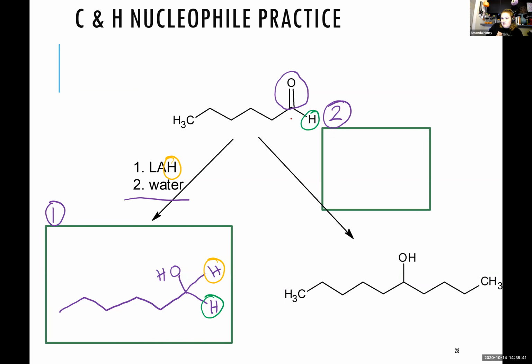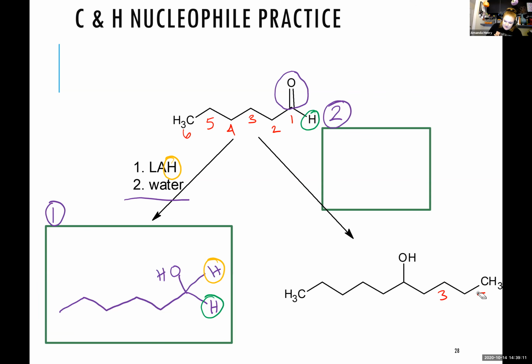So we're going to count how many carbons we have to start with. So 1, 2, 3, 4, 5, 6. And then we look at our product, and this is even something that you should be doing for multi-step synthesis, but even just these one-step problems as well. So if we start counting and we do 1, 2, 3, 4, 5, because it's 5 carbons going to the right, I know that that's not my original chain. It's not the correct length.